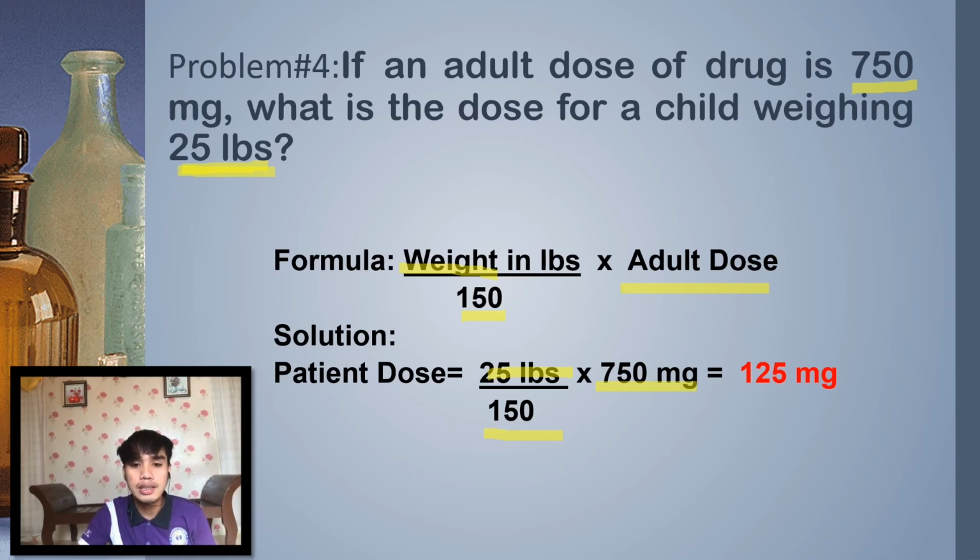So first step, divide 25 pounds by 150, then the quotient will be multiplied to 750 milligram. So the product is 125 milligram, which is our dose for the child weighing 25 pounds. Let's proceed.